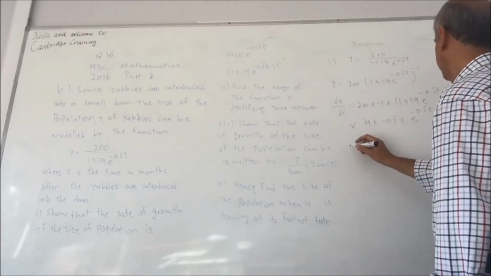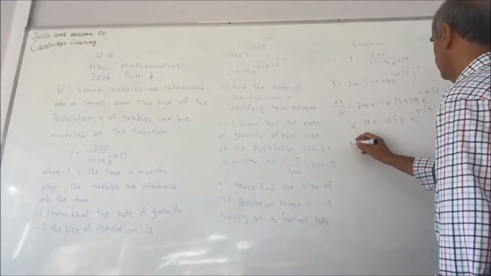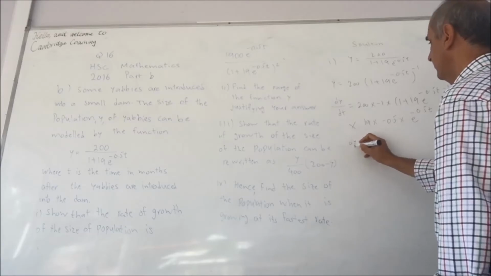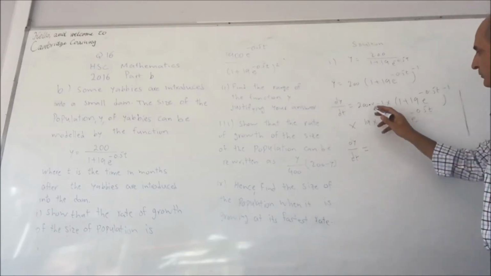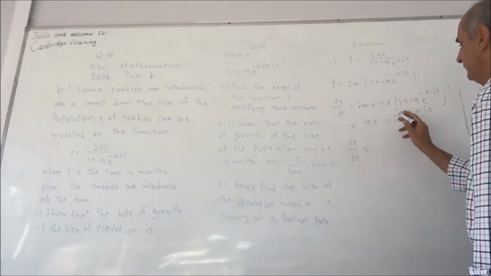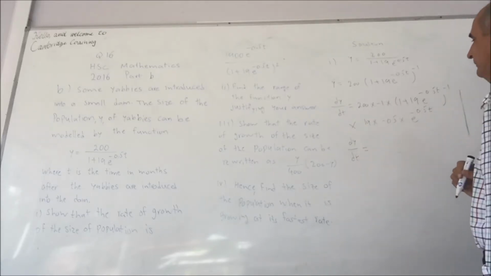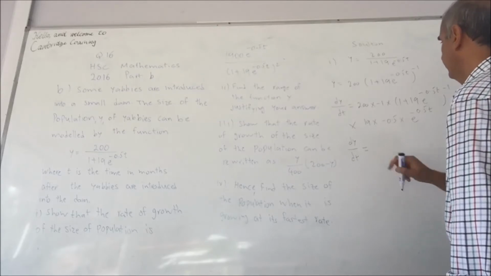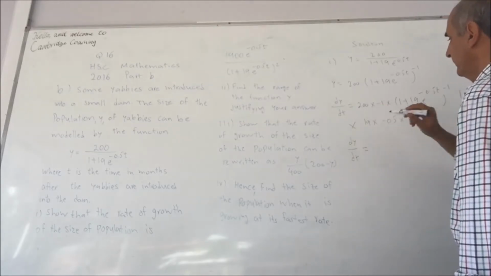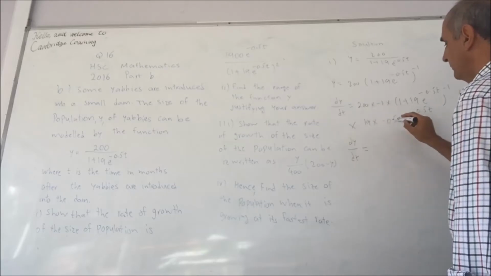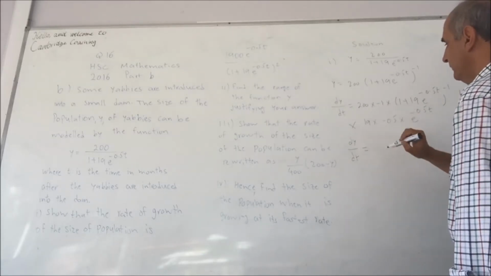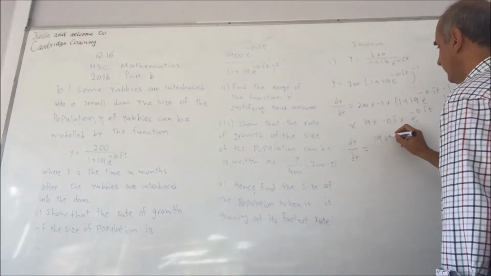Okay, let's see what this gives us. So dy over dt becomes, if you times 200 by 19 by minus half, and you got minus 1 there, so it becomes positive. So 200 times half is 100, times 19 is 1900.